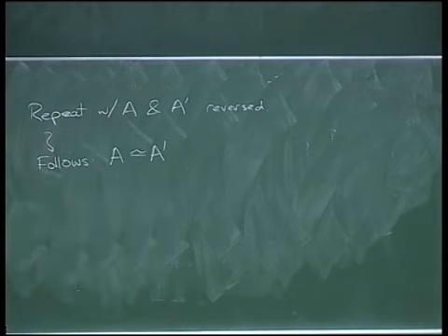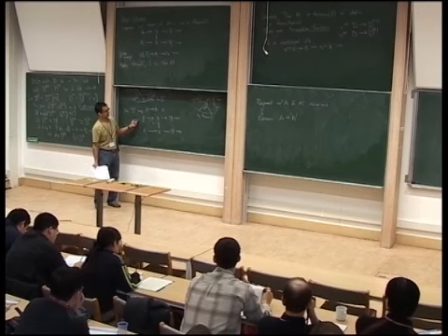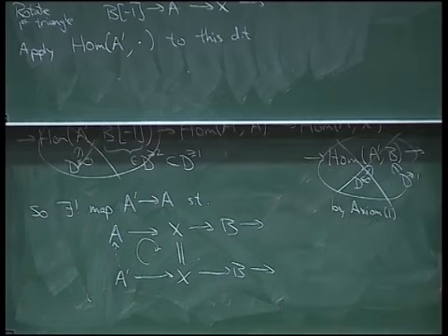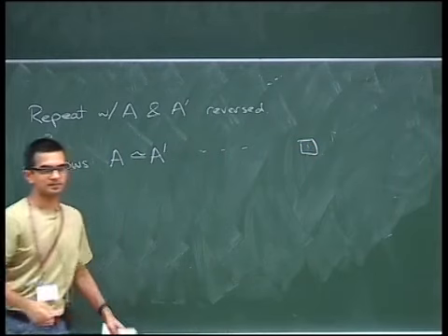And then, of course, you could do the same thing on the other side and show that B and B prime are isomorphic. They're not just isomorphic, you get a canonical isomorphism. And then you're not far from finishing the proof of the lemma.